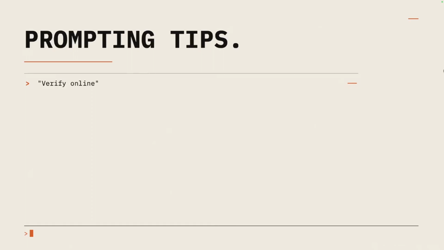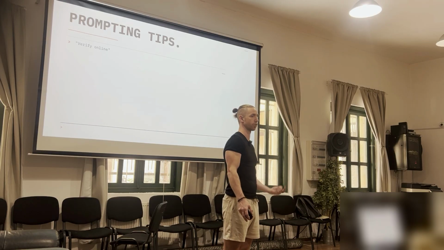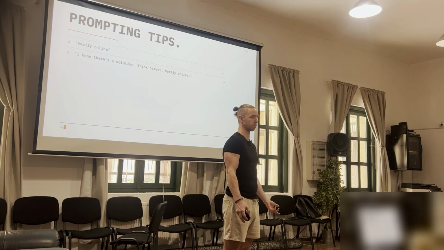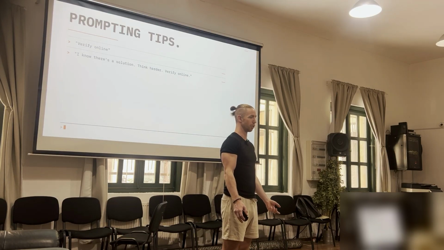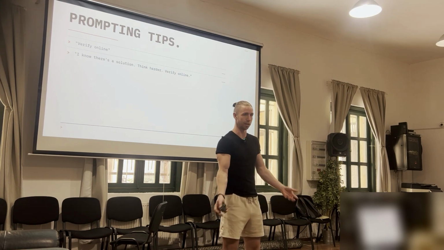So sometimes Claude will just bullshit, and whatever it says is not true. And you know what it's saying is bullshit, so then you say, well, this is not true. Go verify it online with the real data, and then it will go search. And you can also say, no, you're wrong, there's a solution. Go think about it properly, and then it's like, oh yeah, you're right, there is a solution, and then it finds the solution.